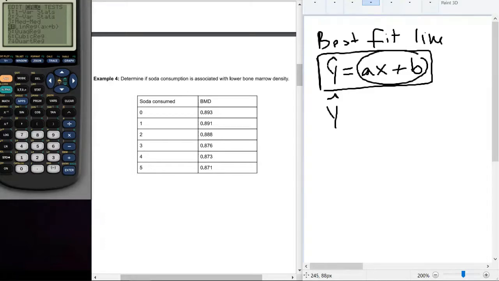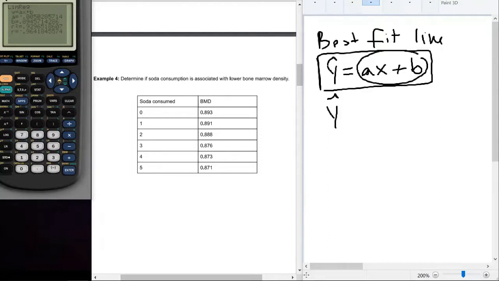A is known as the slope, B is known as the y-intercept. So when we hit 4 or enter, 83, 84, go ahead and proceed accordingly. Here we need to do L1, comma, L2.